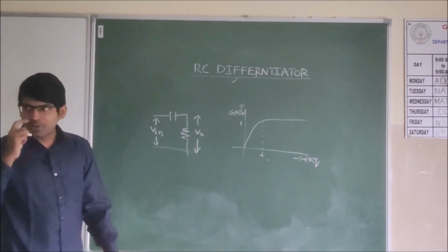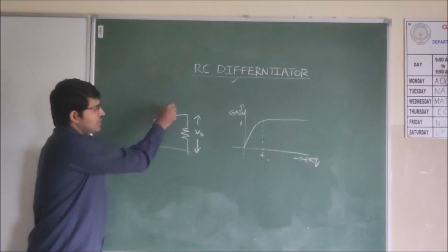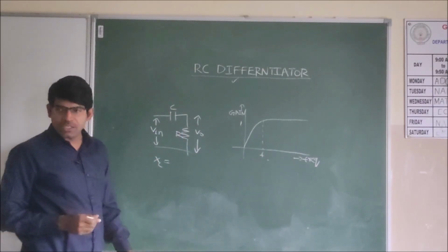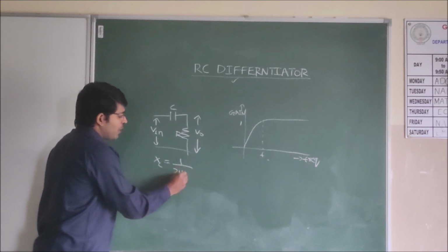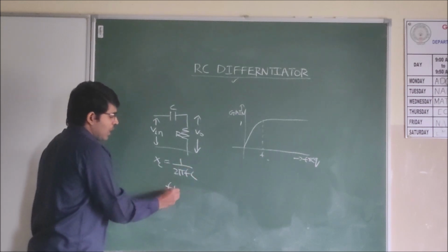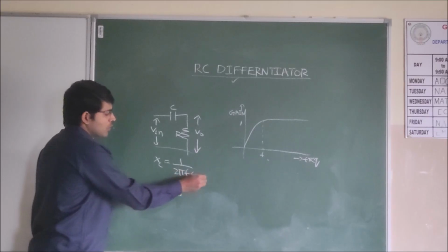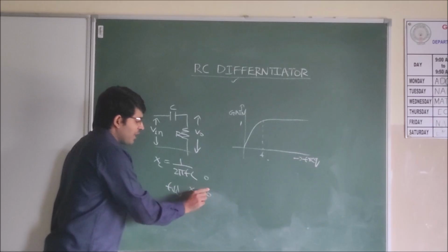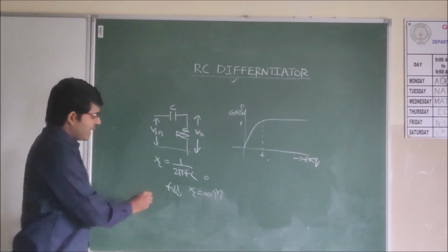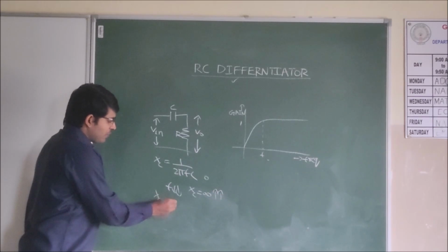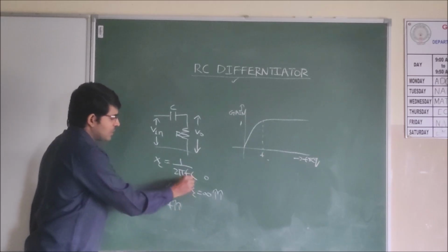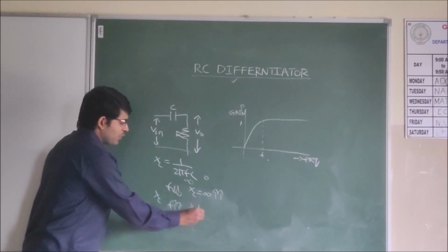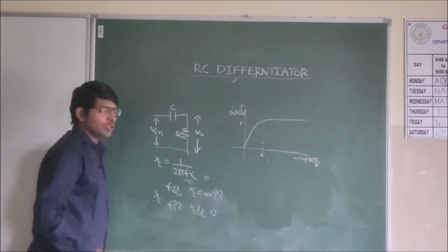That concept we are trying to explain with the capacitive reactance. This is capacitor and this is resistor. The capacitive reactance Xc is equal to 1 by 2 pi Fc. When F is very low, if you take 0, then the capacitive reactance is very high. When we are taking the high frequency signal, means F is equal to infinity, then Xc is very low, or Xc is becoming 0.